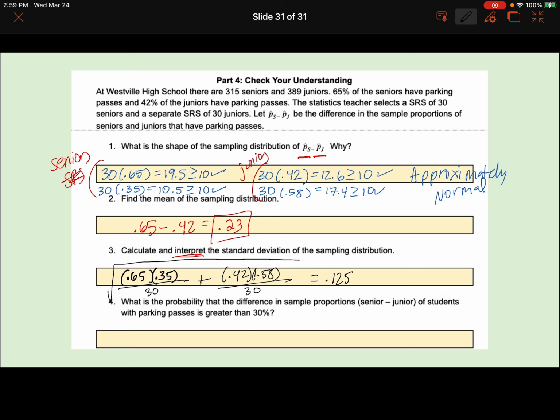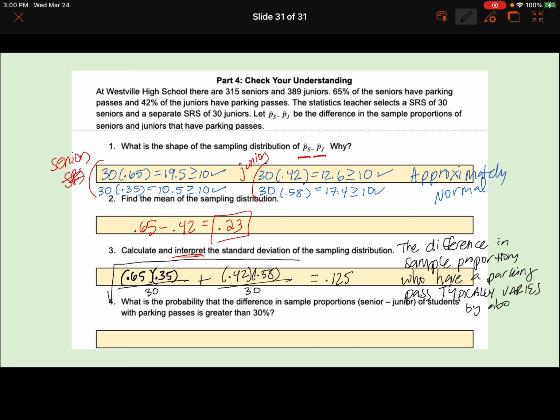0.125. For interpreting, I can say the difference in sample proportions who have a parking pass, and then you know I'm going to use those words, typically varies by about 0.1253 from the true difference in proportions.